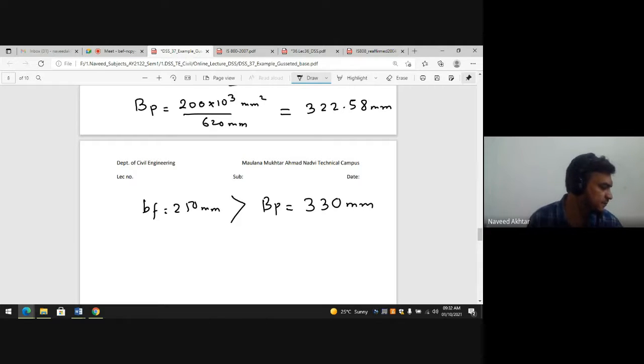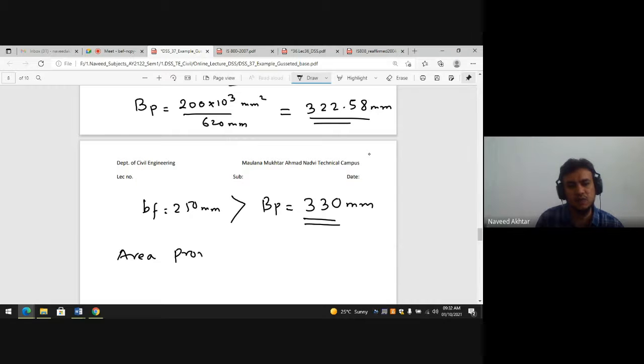330 mm. It depends on you. You can go for 330, you can go for 340, 325, but it should be greater than the required breadth, 322.5. So I will consider this 330 mm.